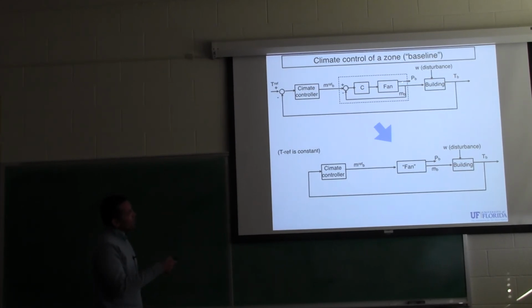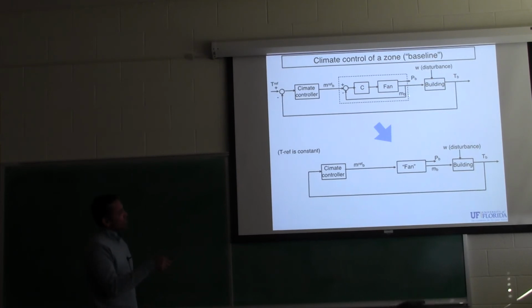And there is a fan motor, but there is also another controller that changes the voltage and the frequency, all of those things that we don't have to worry about, to change the speed of the fan so that the actual airflow rate matches the reference airflow rate. So there are sensors to measure airflow rate as well, right? And of course, when you change the airflow rate, it changes the fan power consumption. That's the baseline fan power.